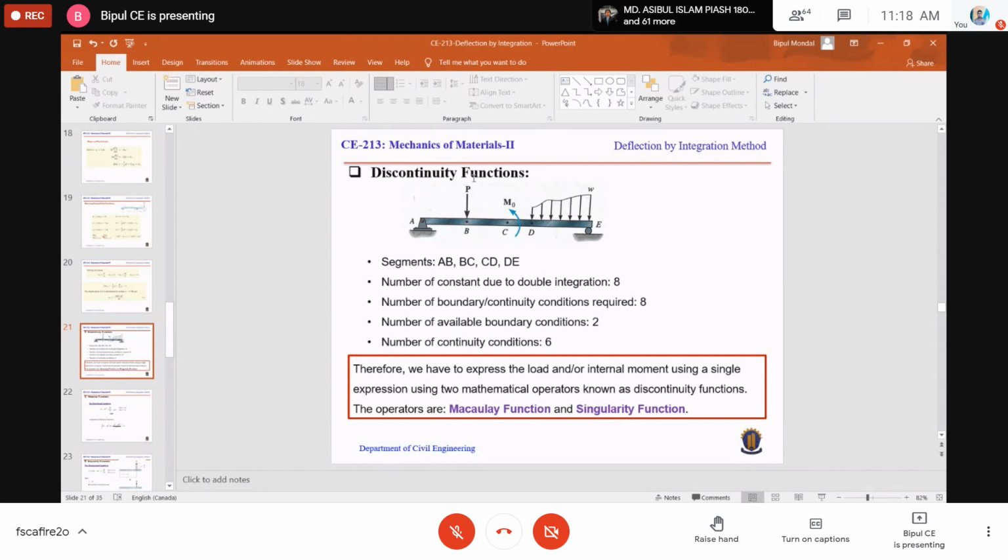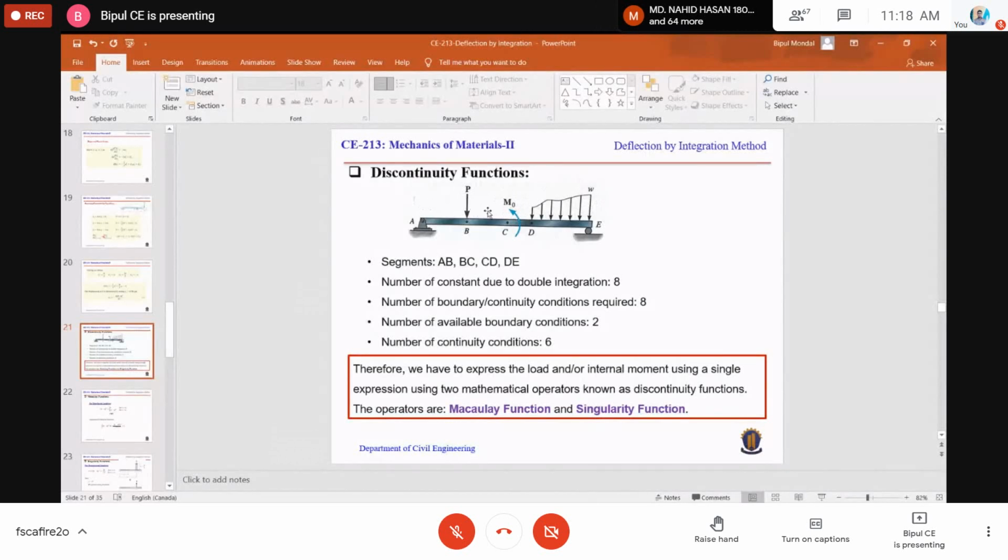So to solve this type of problem, we will express this concentrated moment in distributed load. We will express this concentrated force in distributed force, and again we will express this concentrated moment in distributed force, and this one is still distributed force.